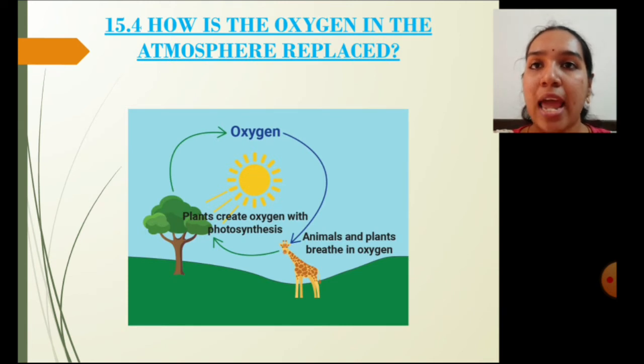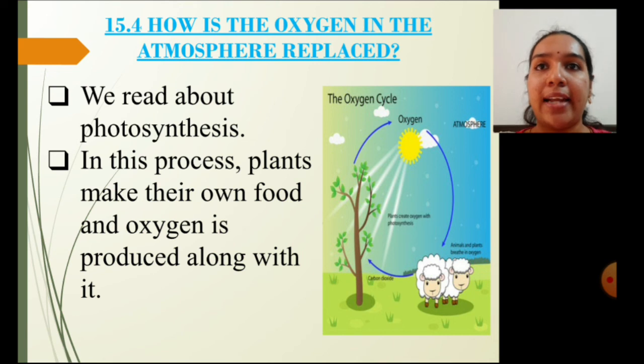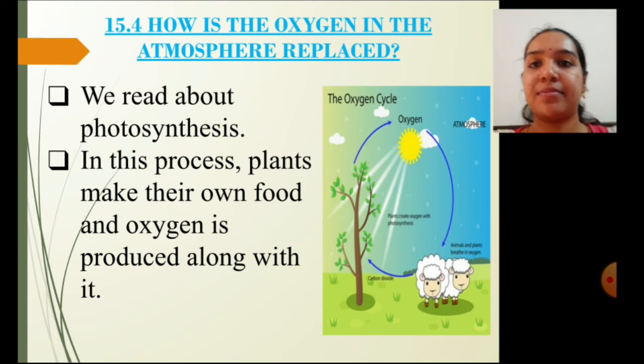How are oxygen and carbon dioxide balanced in the atmosphere? Due to photosynthesis, plants take in carbon dioxide in the presence of sunlight, water and chlorophyll, and they prepare their own food and also release oxygen into the atmosphere.